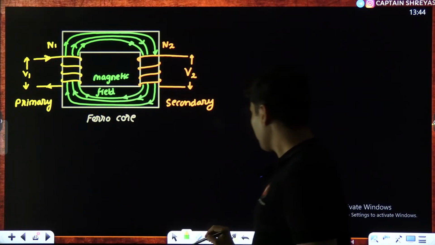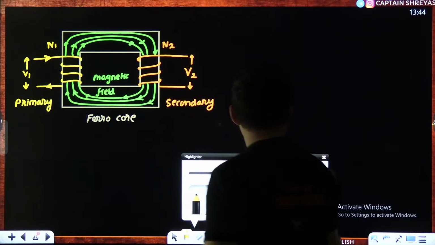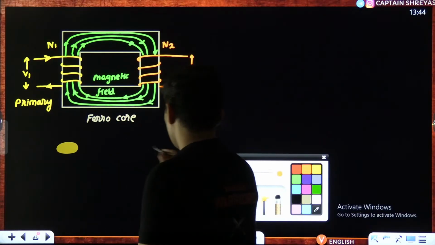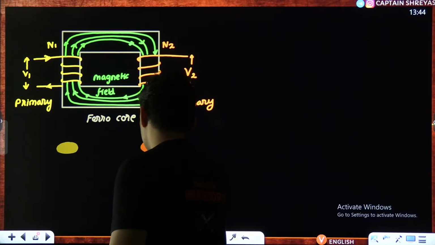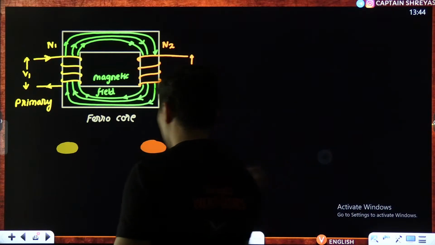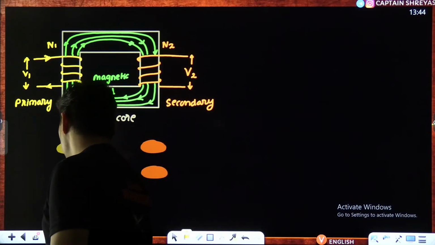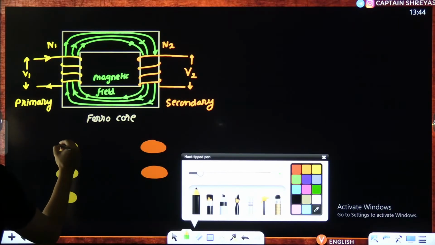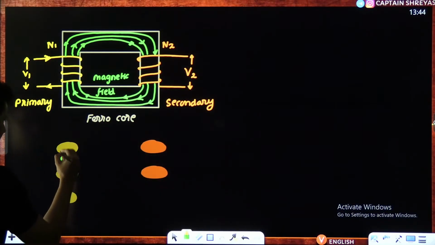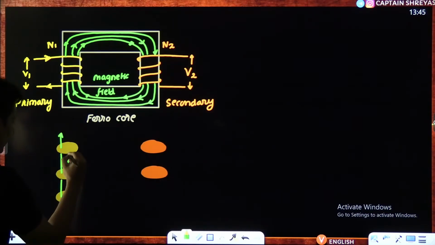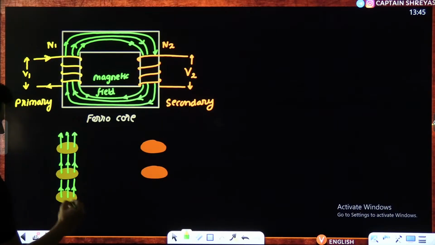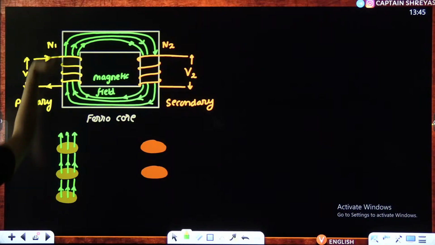Now if you take any one turn of the primary coil and any one turn of the secondary coil, obviously there will be many such turns here also, and many such turns here on the primary side. Whatever field lines cut through any one turn will cut through every single cross section of the primary coil.